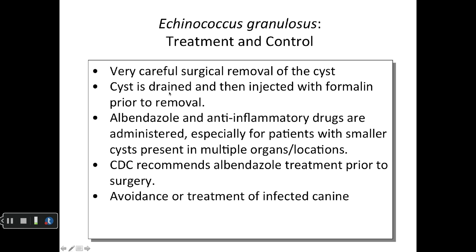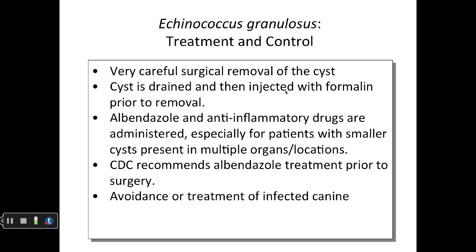So what do you do if you have a patient that has one of these cysts? You have to remove the cyst surgically, and you have to do so very carefully. What typically is done is the cyst is drained as much as possible and then injected with formalin. The idea here is that by injecting formalin, you're going to kill the protoscolices that are inside the cyst, so that when you remove it, if you happen to nick the cyst, you won't release protoscolices into the patient's body.